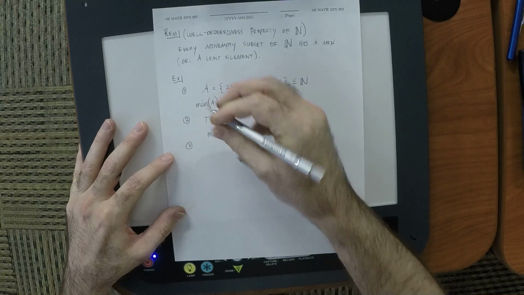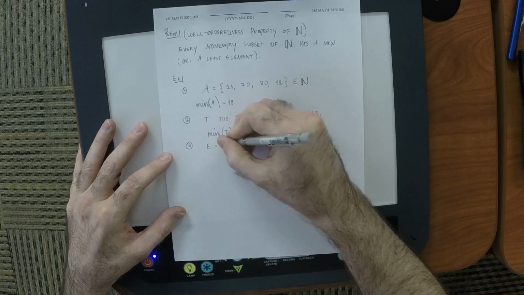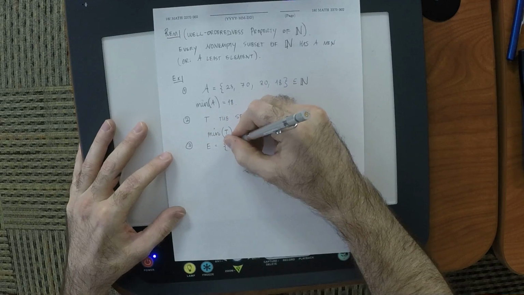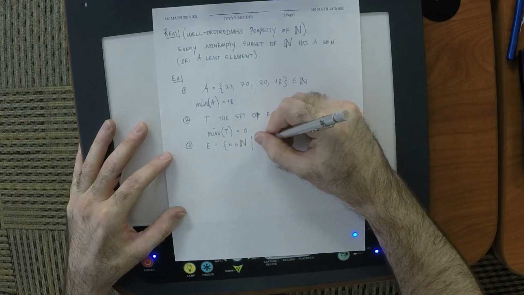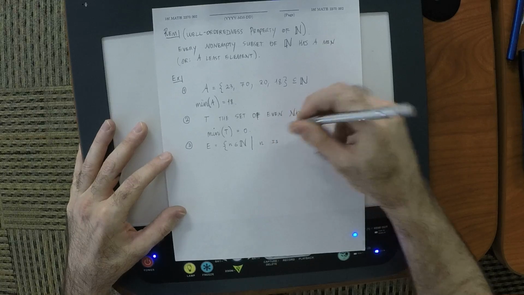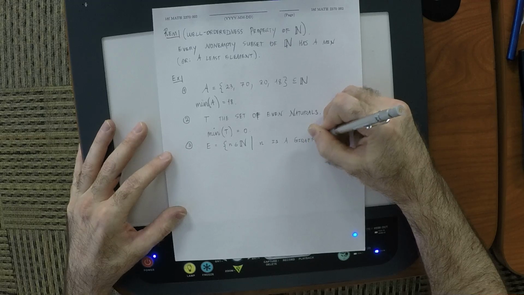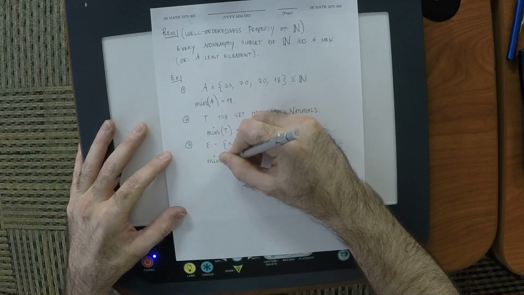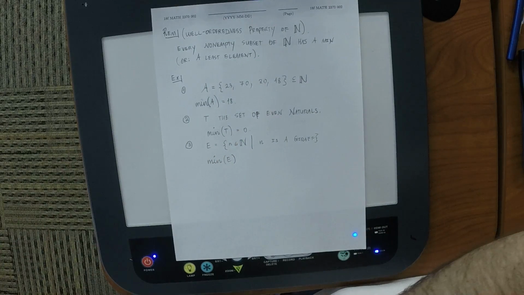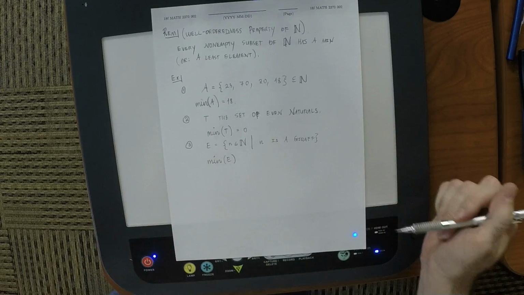I could say, let E be the set of all n in the naturals such that n is a giraffe. Now, how about this? The minimum of this. Well, in the first place, are there any giraffes in the naturals?